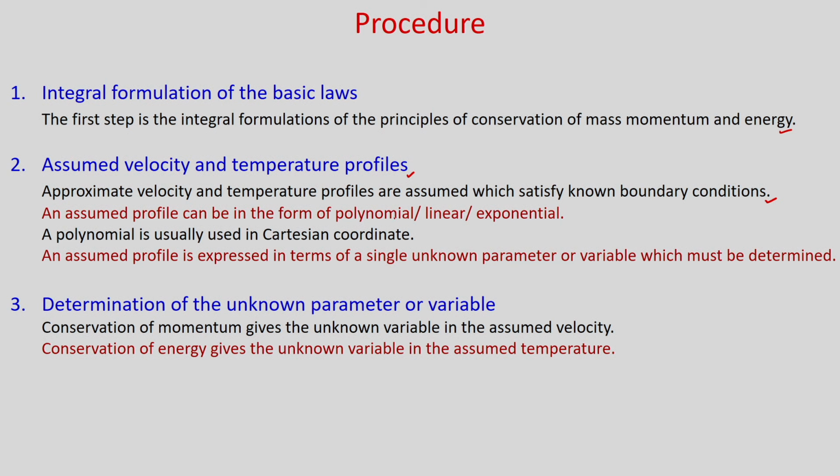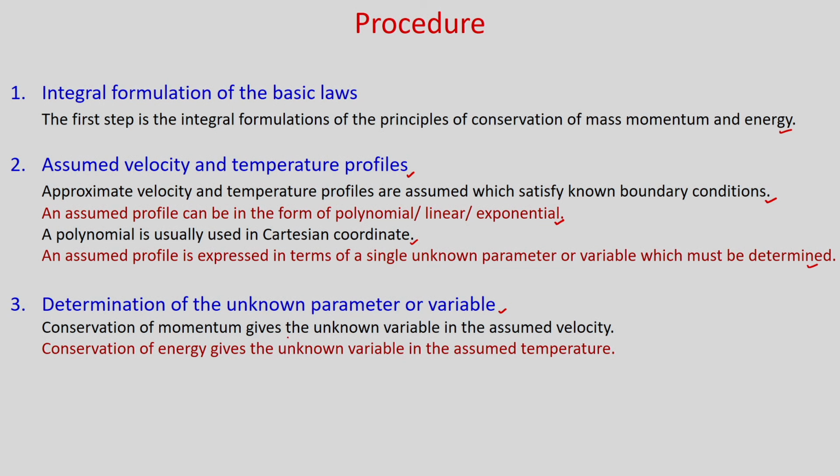An assumed profile can be in the form of an exponential. A polynomial is usually used in Cartesian coordinates. An assumed profile is expressed in terms of a single unknown parameter or variable which must be determined. In this boundary layer equation for flow over a flat plate, we will see that this unknown variable is your boundary layer thickness delta, and finally you determine the unknown parameter or variable.